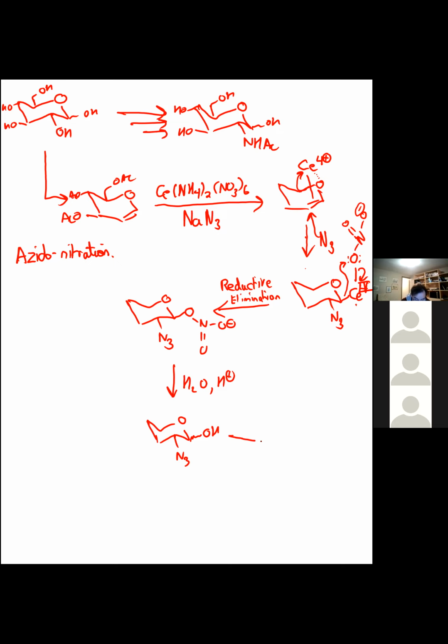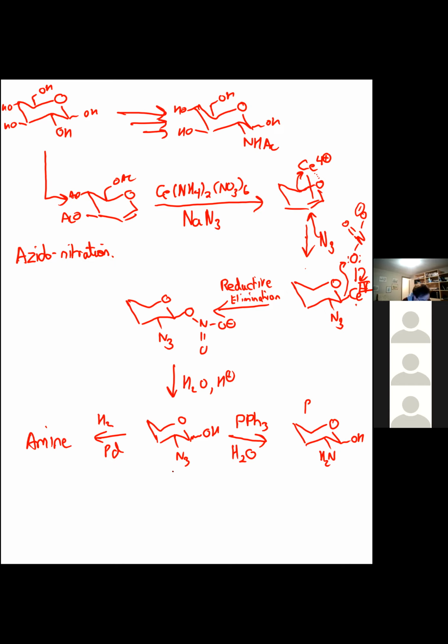If you want to take this down to the amine, you can use a Staudinger reduction. I can't, because they don't work for me, but there's nothing wrong with it on paper. You can use hydrogen on palladium, if you like that. I'm just going to call this product. That goes to the amine as well.